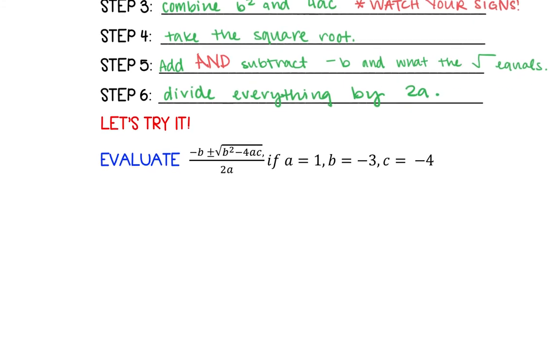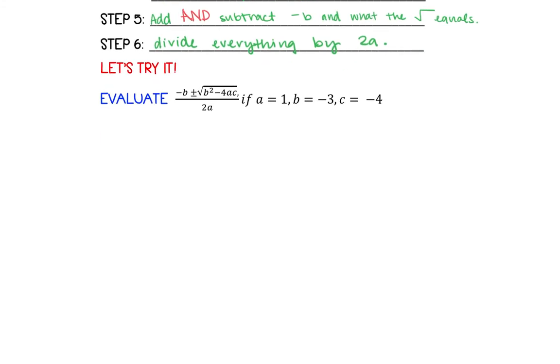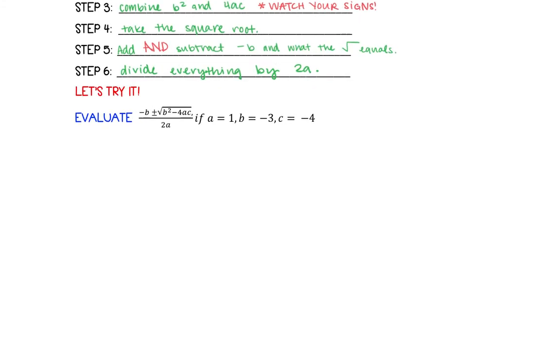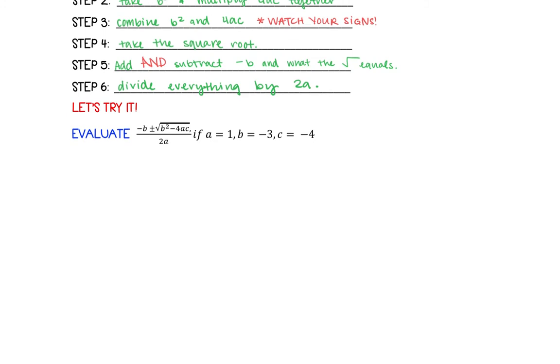Okay, let's go ahead and do this first example on our own. So step 1 is to substitute. So we have a equals 1, b equals -3, c equals -4.